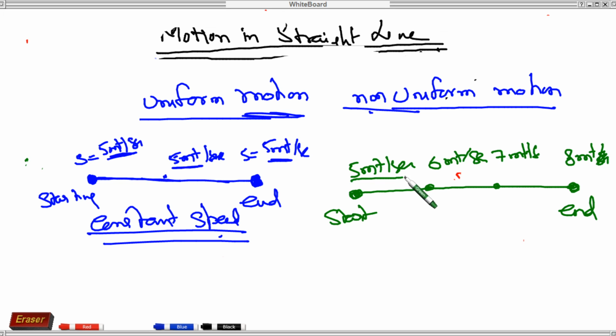So you can see that its velocity is increasing. It's not constant. This type of motion, where speed may be increasing or decreasing, means speed changes with time. Here it's constant, so we call it uniform. Here it keeps on changing, so we call it non-uniform.